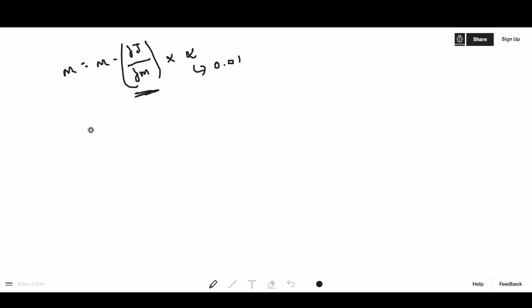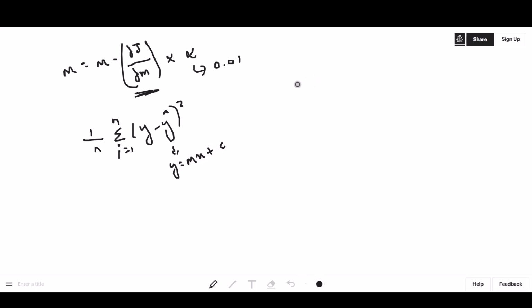It is given by 1 by n summation of i equal to 1 to n of (y minus y cap) the whole square. So now we have to differentiate this equation with respect to m. This y cap is y equal to mx plus c.